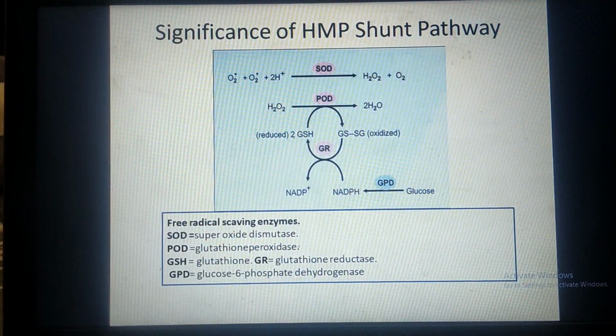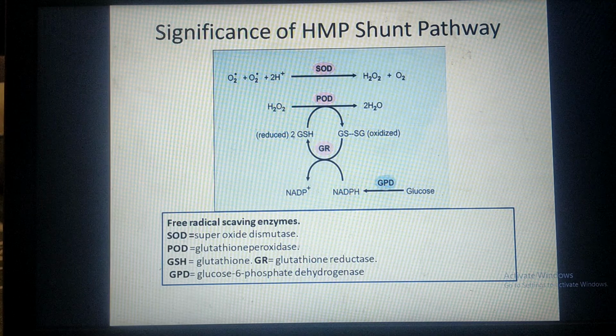This slide shows the actions of these three enzymes. Now first see O2 with a dot. The superscript dot on any compound indicates that the compound is a free radical, that is, it has an unpaired electron.